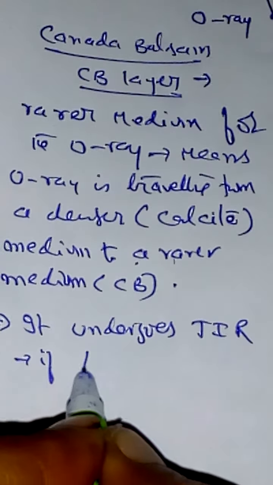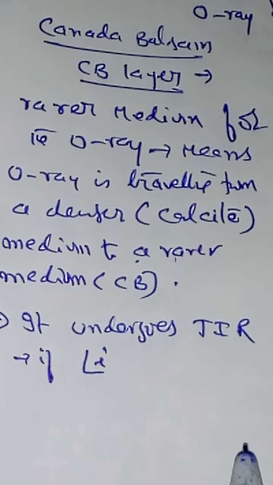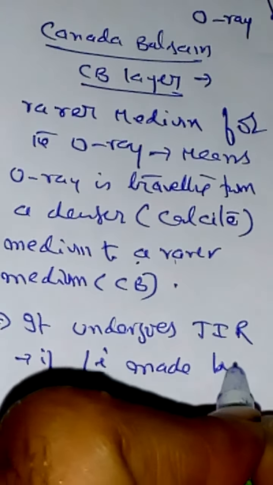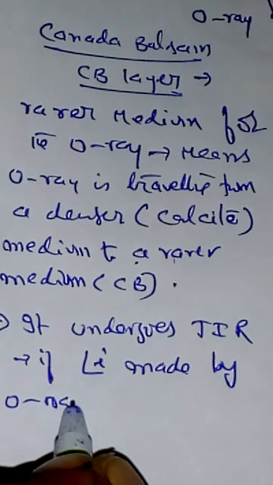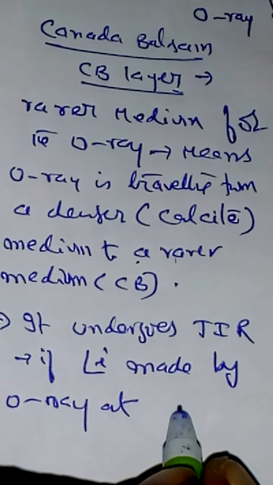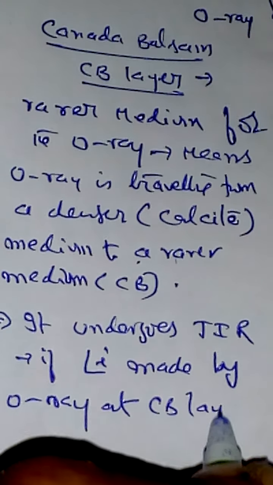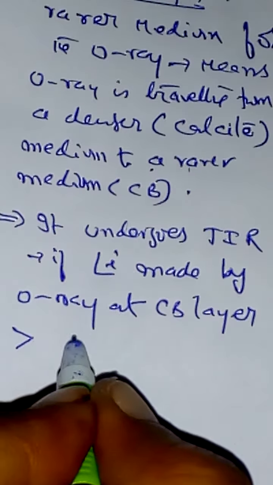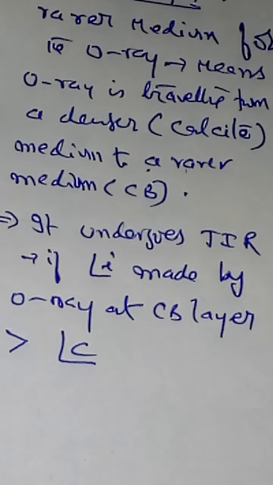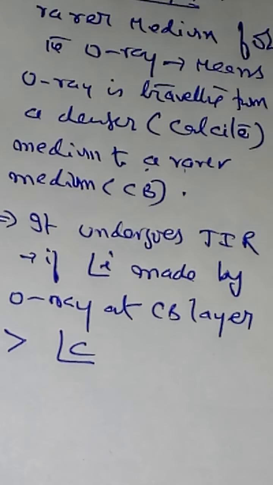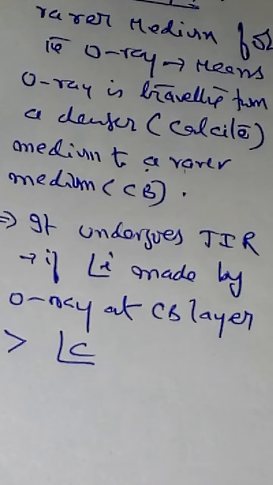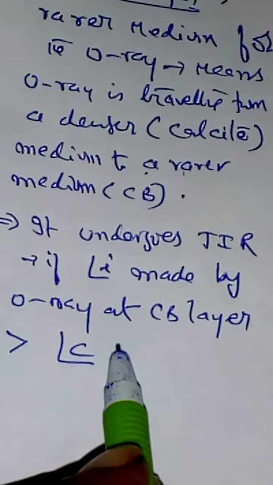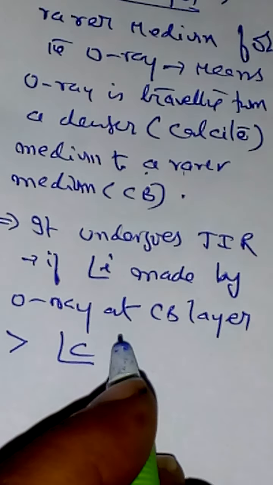Because the angle of incidence made by the O ray at the CB layer is greater than the critical angle. Whenever the angle of incidence is greater than the critical angle, it undergoes total internal reflection. That principle is already known to us.